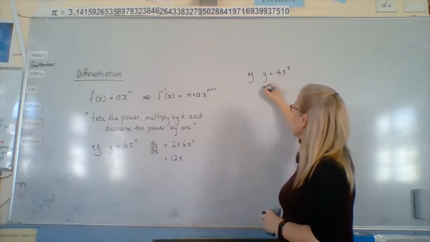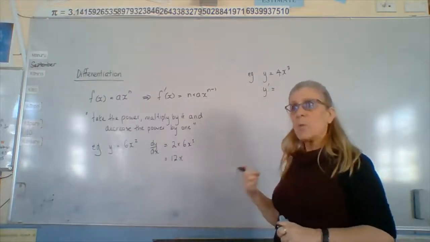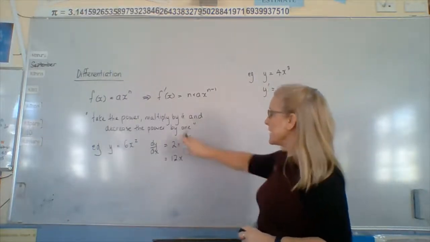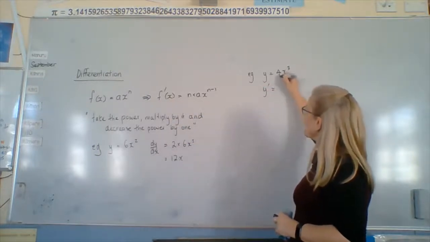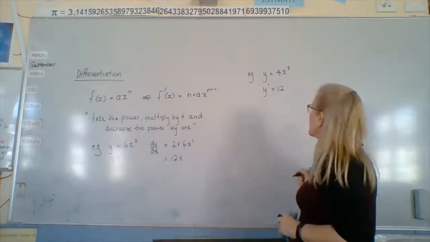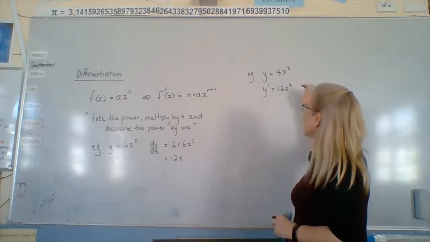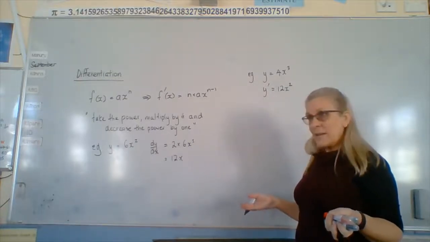Right? So we could write this as y dash. That's another way of writing it. So many ways of writing it, but they all have the same thing. The dash is really important. So y dash equals take the power, multiply by it. We don't need to write 2 lines. We know that 6 times 2 is 12. And decrease the power by 1. 2. Done. That's not hard, is it?